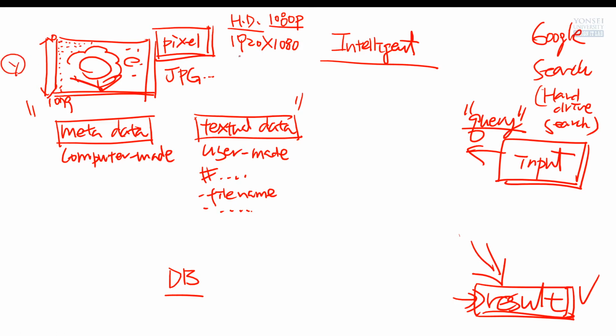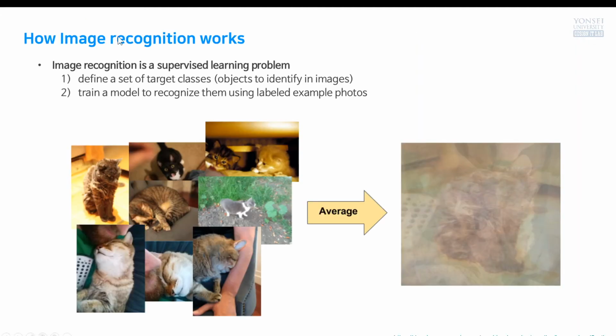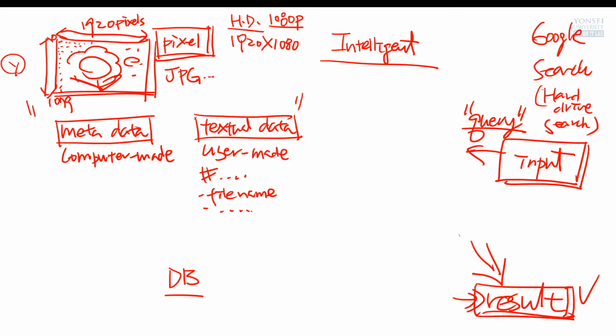How about the x-axis here? 1920, close to 2000, right? 1920 pixels in the x-axis. That is the so-called resolution of this kind of 2D image. Why am I saying this? This is very common specification knowledge when you look at HD TVs or your monitors.